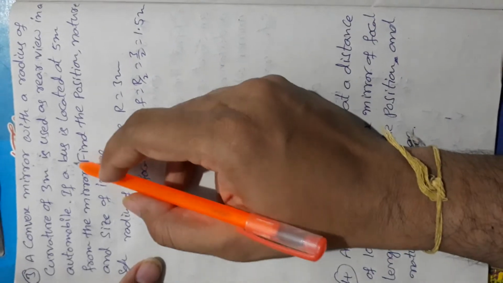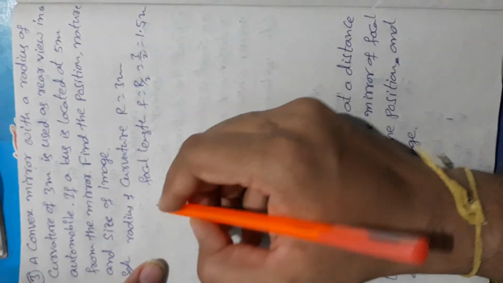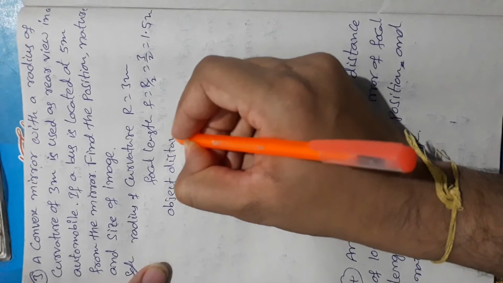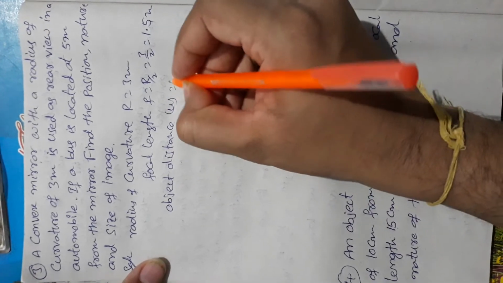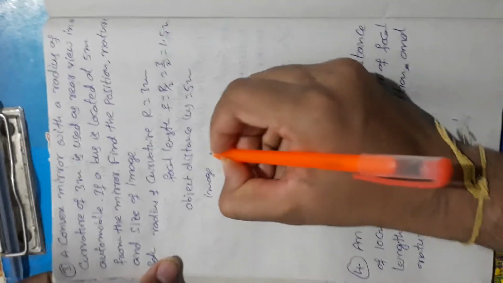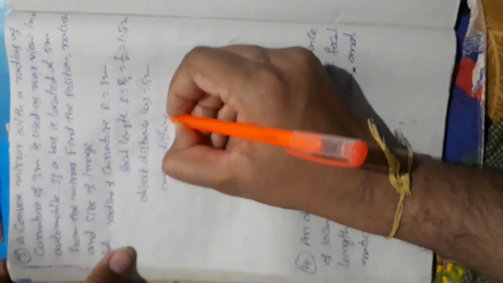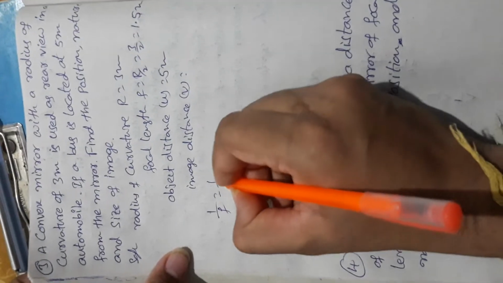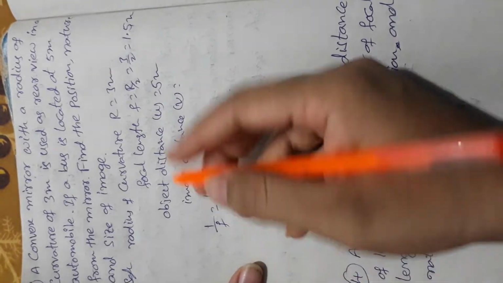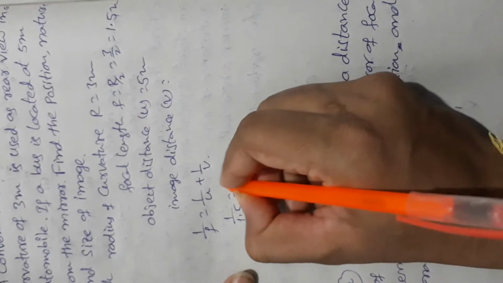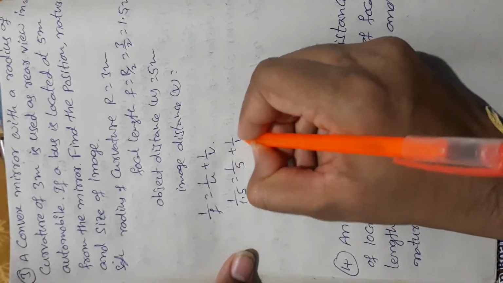Next, the object is located at 5 meters, that means the object distance U equals 5 meters, and our requirement is the image distance V. So we know the formula 1 by F equals 1 by U plus 1 by V. Here we are substituting the values. For a convex mirror all will be positive values. So 1 by 1.5 equals 1 by 5 plus 1 by V.